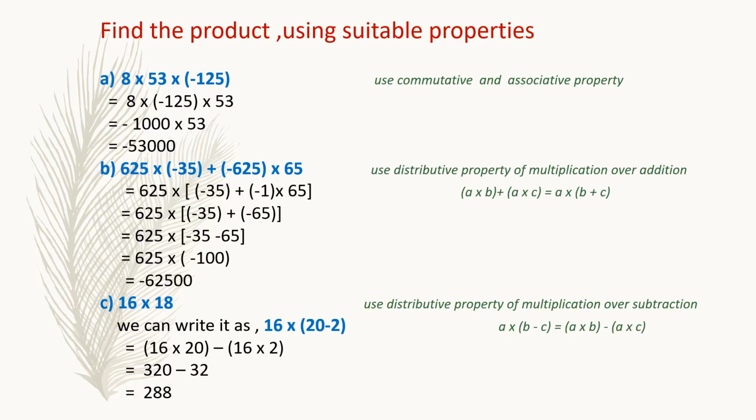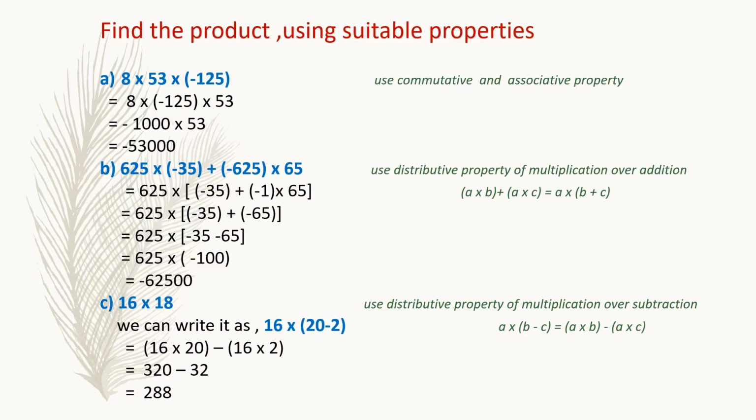Now part B, here 625 into minus 35 plus minus 625 into 65. Now if we solve the question as it is given, then it is very difficult, or we have to do more multiplications, more calculations.